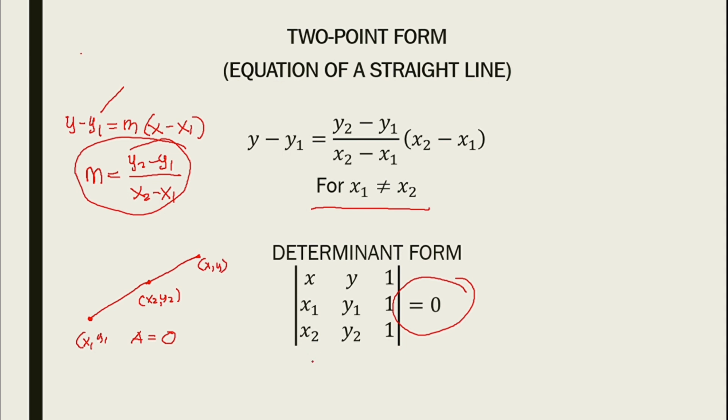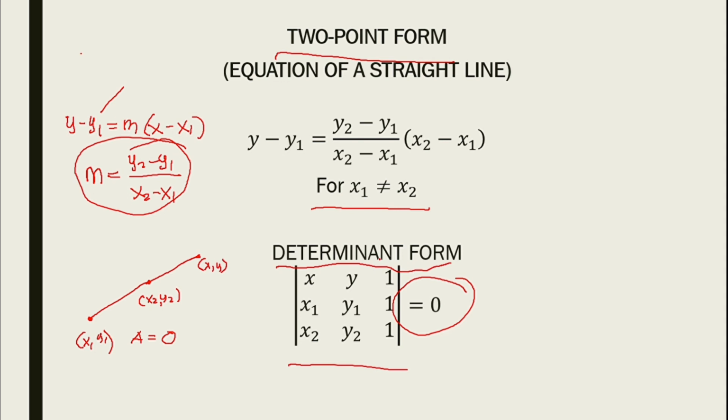This formula is also the formula for finding the area of a triangle given the coordinates of its points. But this time we'll make use of this as the determinant form in finding the equation of a straight line. So again, there are two forms: the two-point form, and the second one, the determinant form.